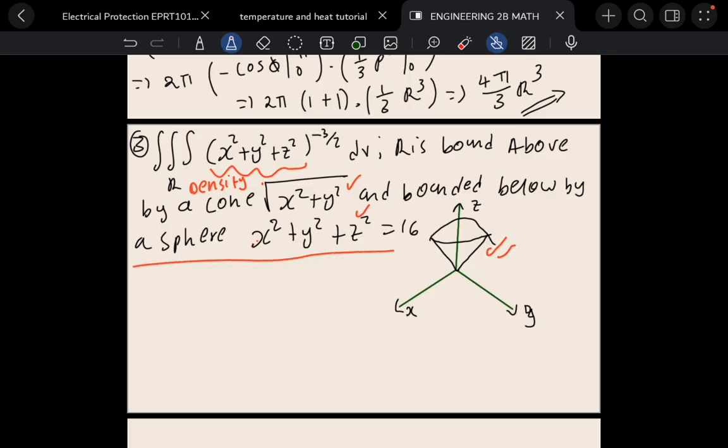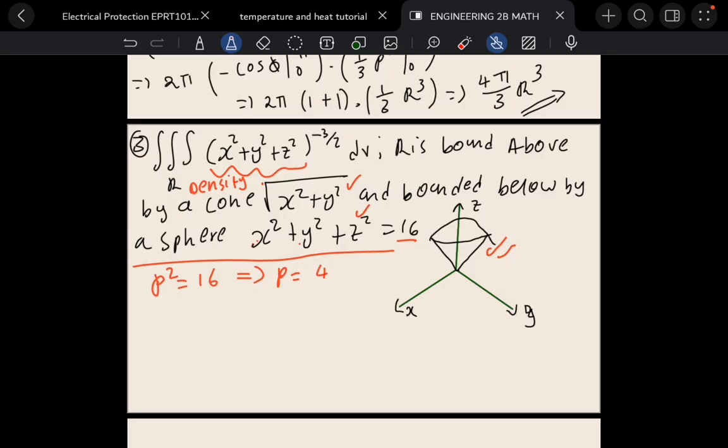Now, how can you determine your value of rho? We know that x squared plus y squared plus z squared is equal to 16, and also that x squared plus y squared plus z squared gives us rho squared equals 16. We always take rho as positive, so taking the square root on both sides, we get 4.